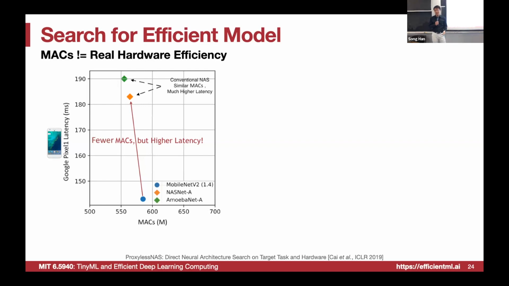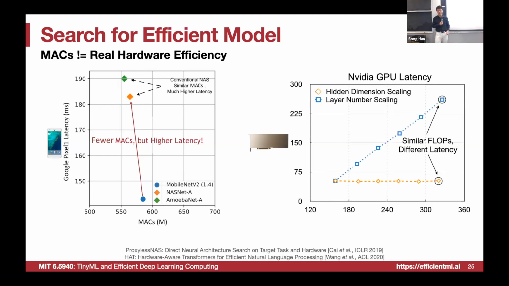Although NASNet has fewer number of MACs, you still remember MAC, that's multiply and accumulation. Although NASNet has fewer number of MACs, it actually has much longer latency, from 140 something milliseconds to 180 milliseconds, right? So those conventional NAS methods have similar MACs compared with human design, but actually higher latency.